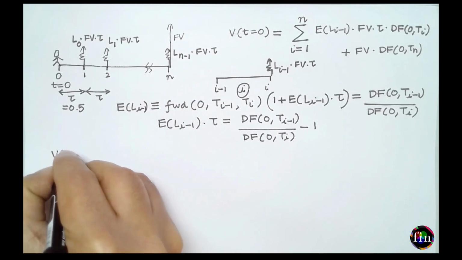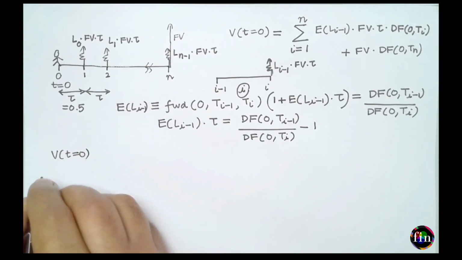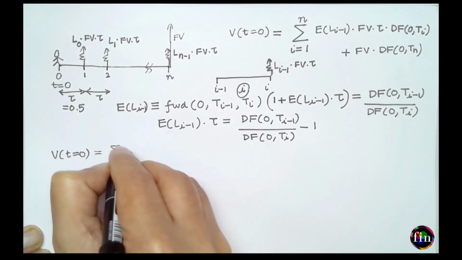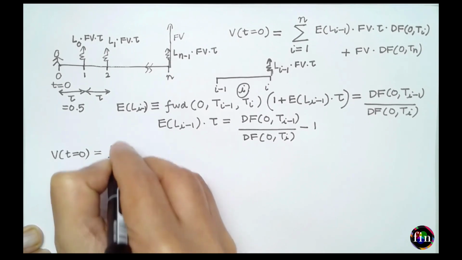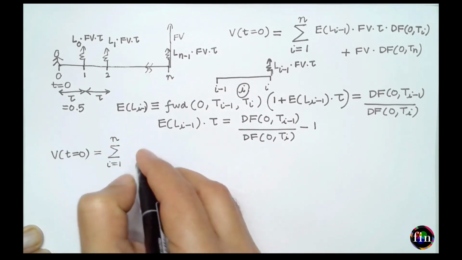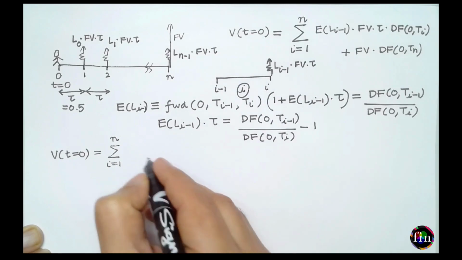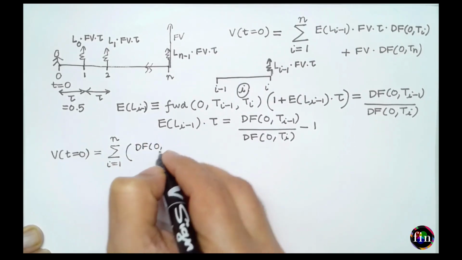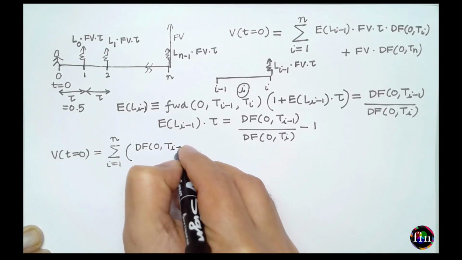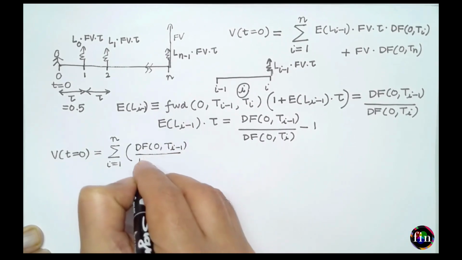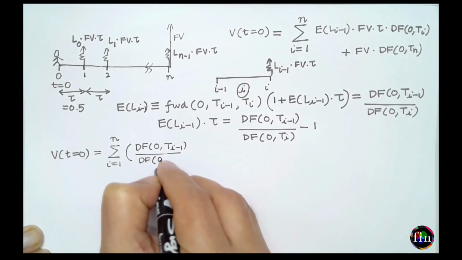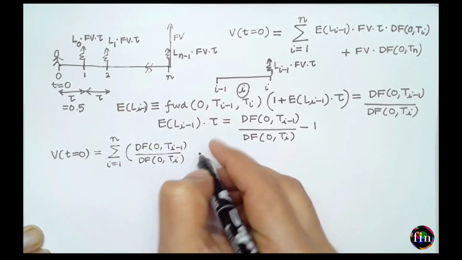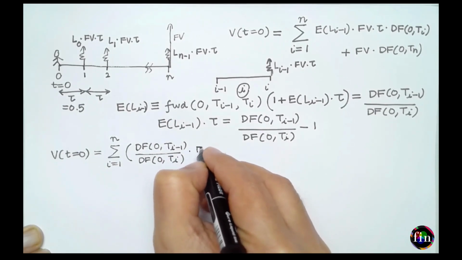So what am I saying? I'm saying the value at time t equal to 0 should be equal to the sum which goes from the first period till the nth period. This times tau, I can write as df from 0 to ti minus 1 divided by df from 0 to ti, times the fv.